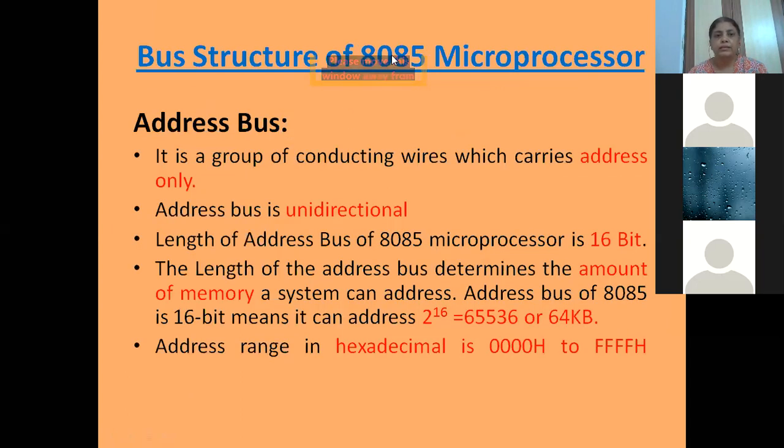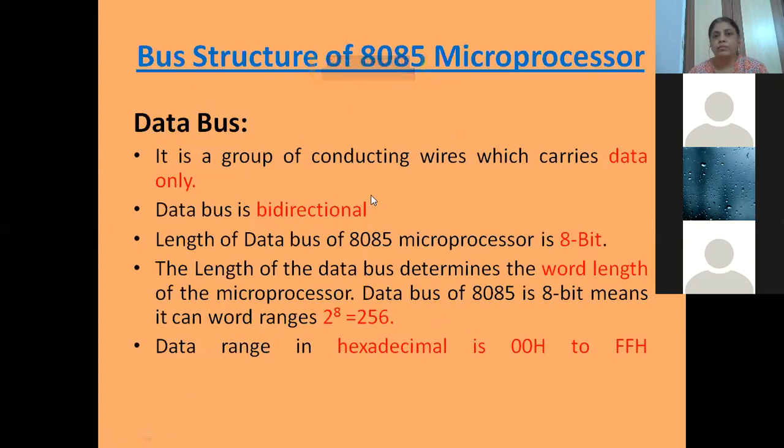Now next, the data bus is of 8 bit. Okay, as we have already seen in evolution, और हर एक प्रोसेसर के अपना अपना वर्ड साइज होता है डेटा बस. So it tells the word length of the microprocessor, means how many bits it can process at a time.